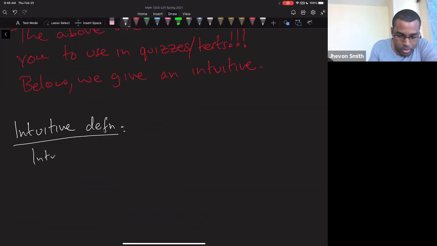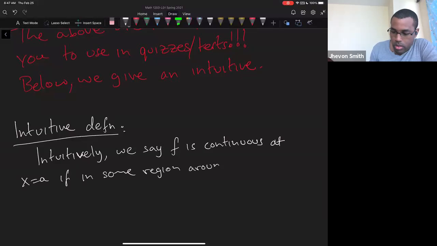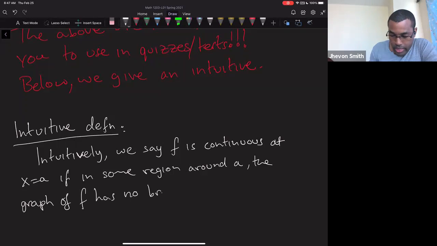So intuitively, we say f is continuous at x equals a if, in some region around a, the graph of f has no breaks, gaps, holes, disruptions, etc. It just kind of continually flows.